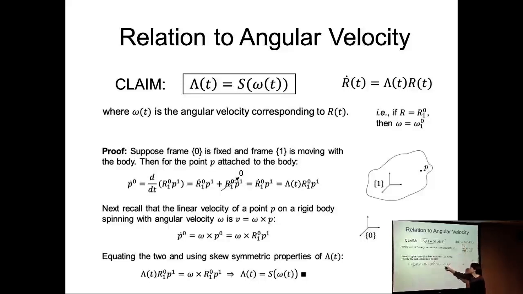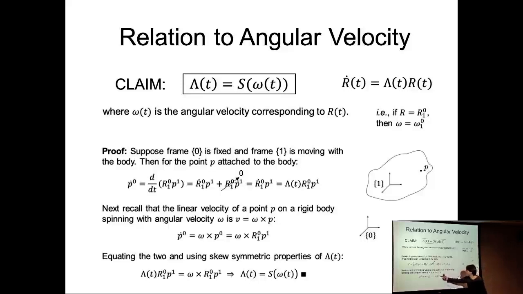Now we have a skew-symmetric matrix times R01 times P1. Now we're going to use the properties that relate angular and translational velocity together. Remember, V is equal to omega cross P. So P0 dot is going to be equal to omega cross P0 using this property here. P0 is simply R01 P1 through the simple transformations that we learned early in the semester.